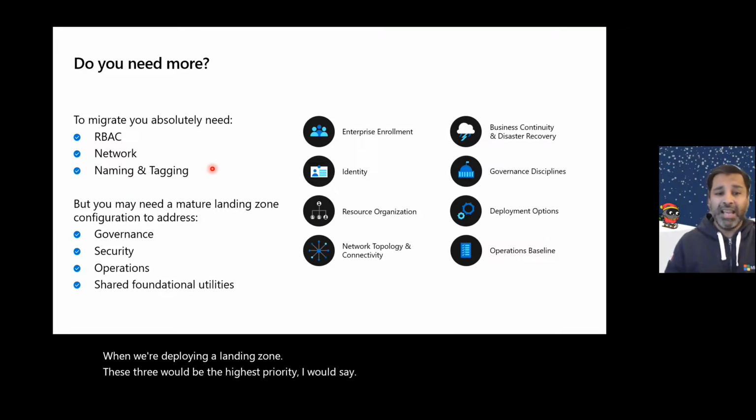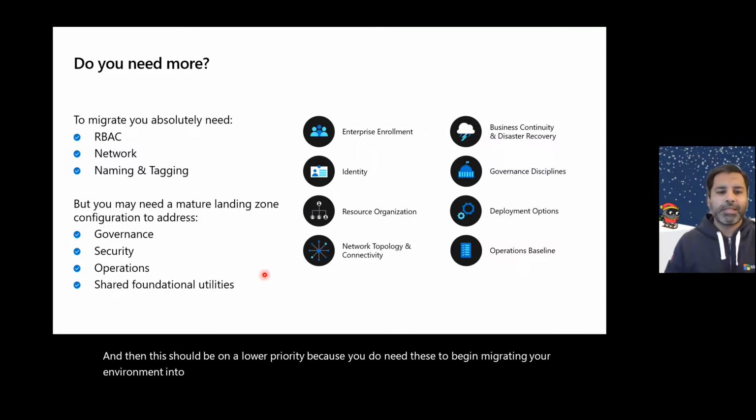Also, I would add Azure policies to this list. And then this should be on a lower priority because you do need these to begin migrating your environment into Azure. This can actually come into play later because this is always going to be an iterative process.